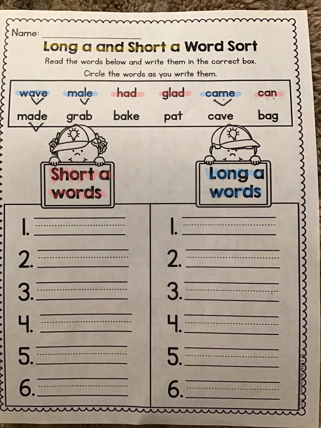Long vowel, silent E. Please color it blue because that A is saying A. Our next word has no E, so I know A is going to say a, g, r, a, b, grab.